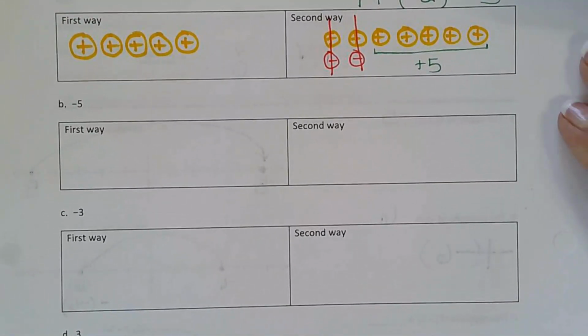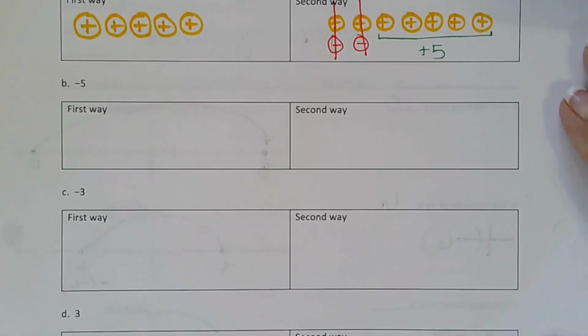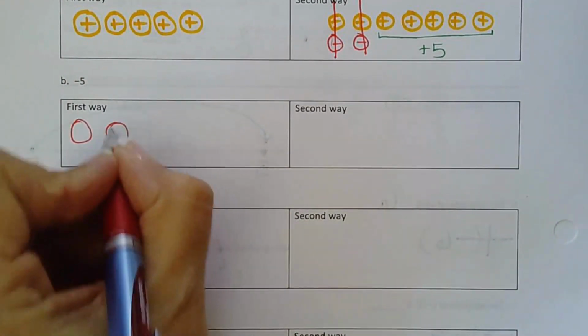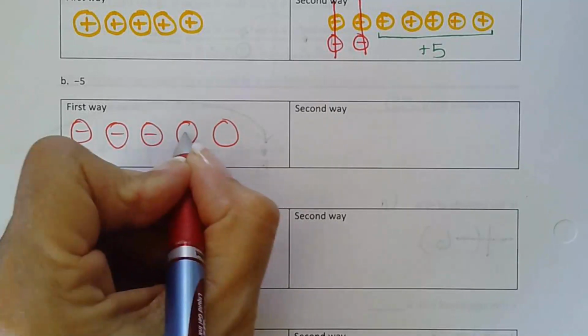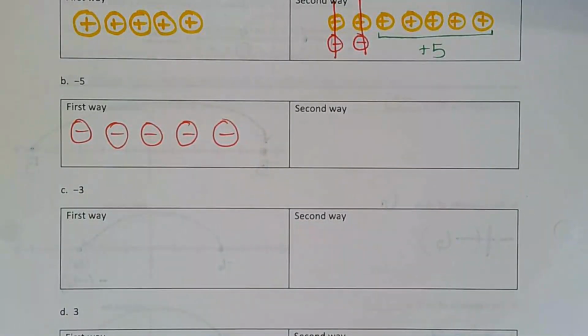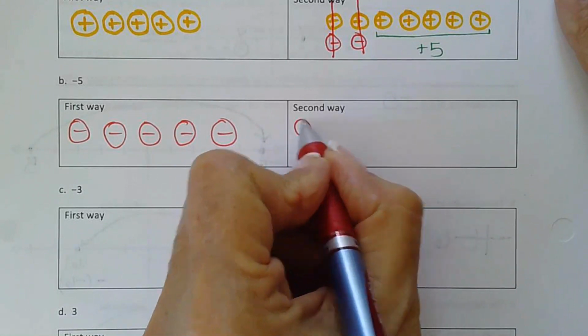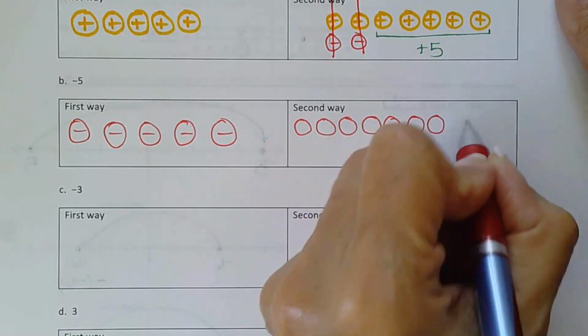Okay, so let's do 2 more and then I'll let you guys work on a couple. So negative 5. Again we could start with the standard 1, 2, 3, 4, 5 negatives. That's just the typical way to represent negative 5. Then we could do 8 negatives: 4, 5, 6, 7, 8.